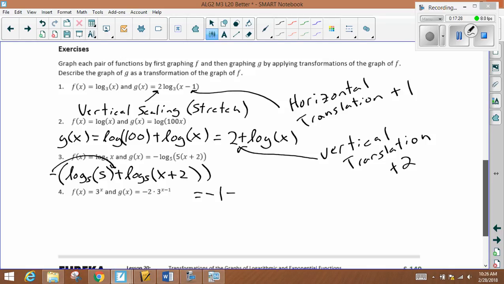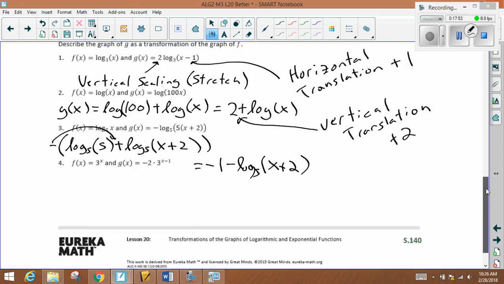So that becomes minus log base 5 of x plus 2. You distribute the negative, yes, it has to be done. So let's look at it. I'll scroll up so people can see better.